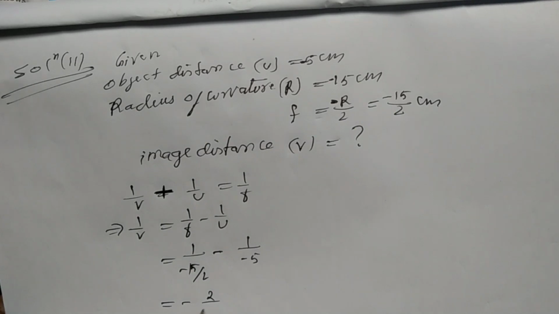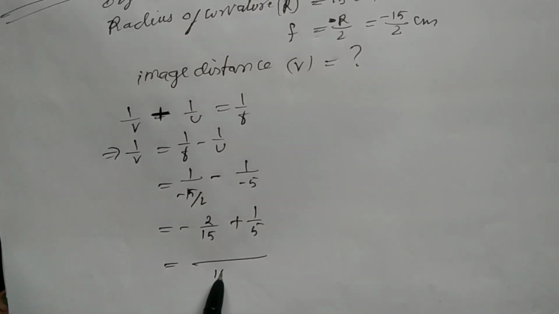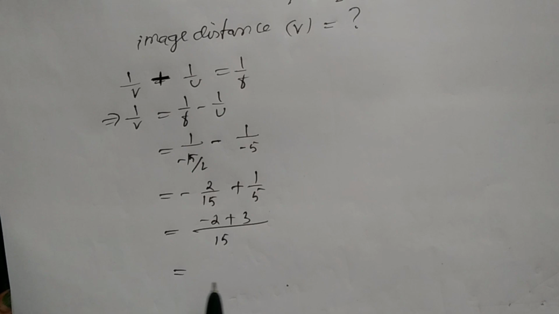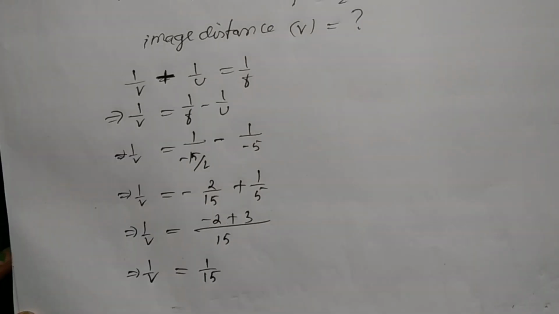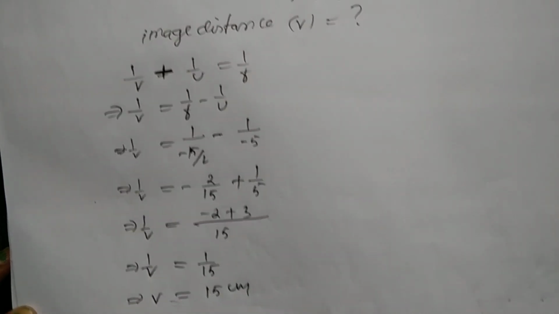Next we can write 2 by 15 plus 1 by 5. Now after taking the LCM, it is minus 2 plus 3, so this equal to 1 by 15. After cross multiplying, we will get 15 centimeter.